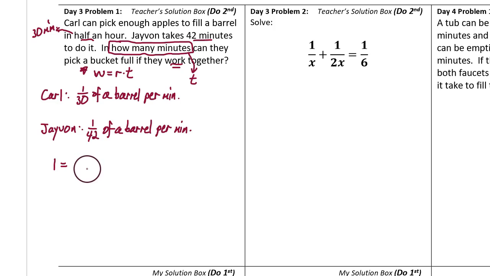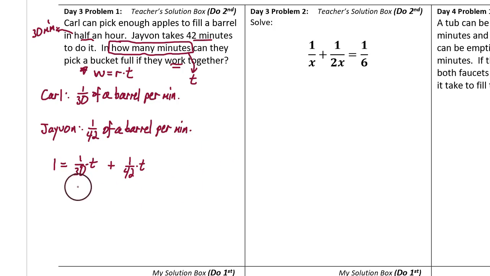So let's add together Carl's work plus Javon's work. Carl's work is his rate of speed times the time that he's picking apples, plus Javon's work is his rate of speed times the time that he's picking apples. Now we have an equation that models the situation.